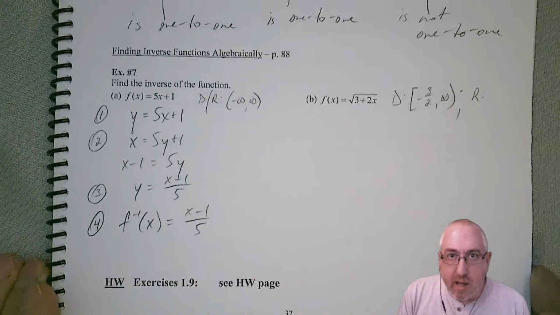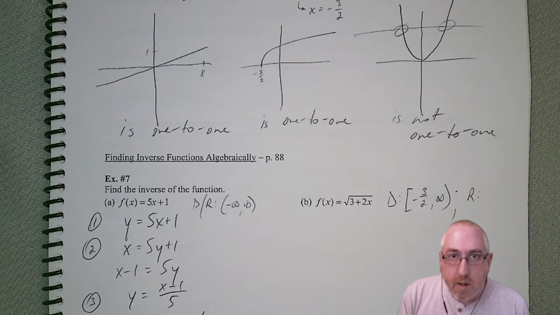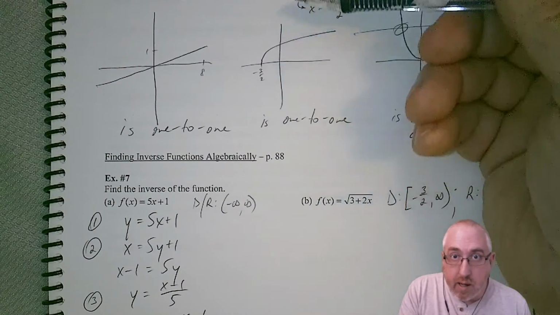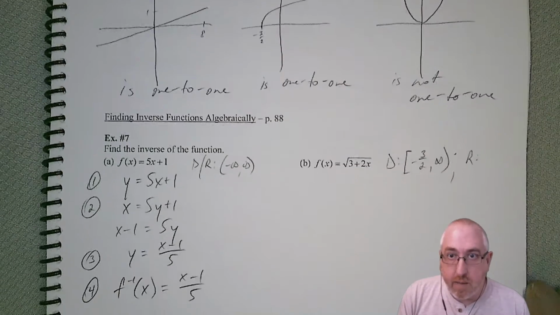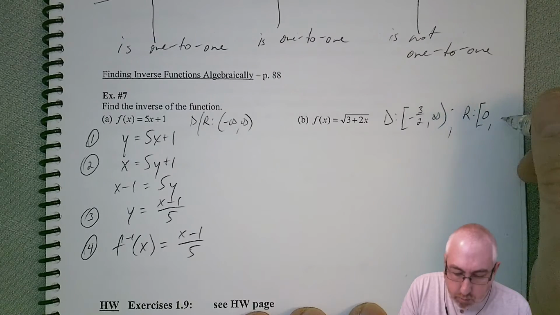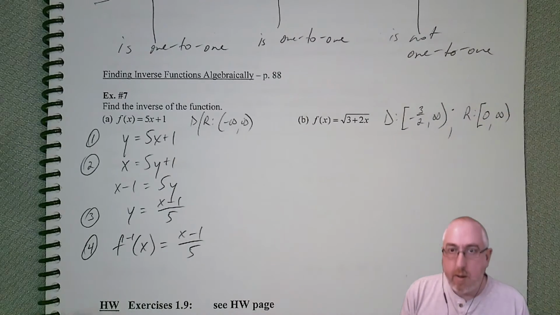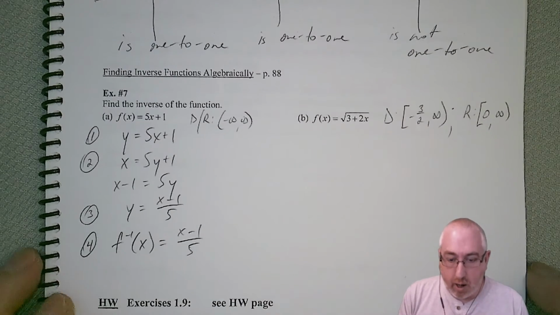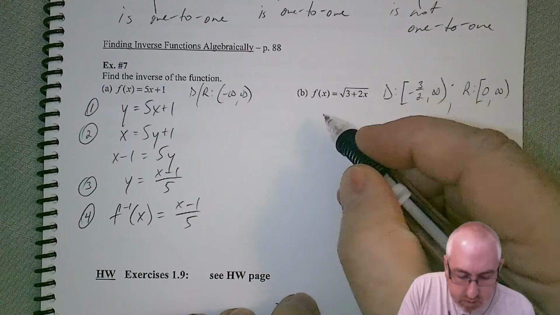We didn't see it, but let's go back up and cheat here. We can see that the y values don't start until we get to 0, and then they extend all the way up to infinity. So this is going to be from 0 to infinity. More than likely we're going to have some restrictions on our inverse, but let's get our inverse first.